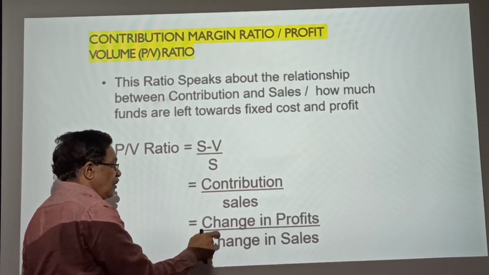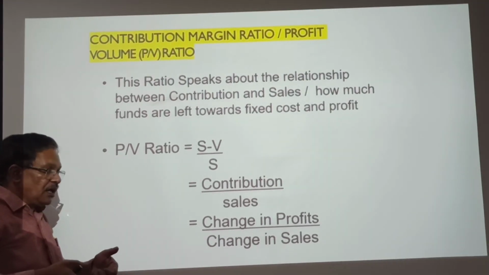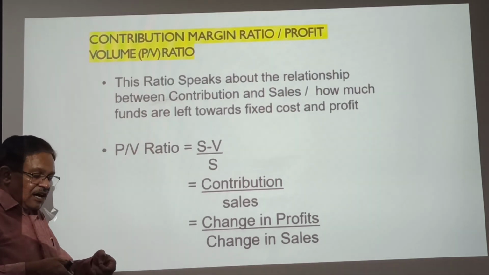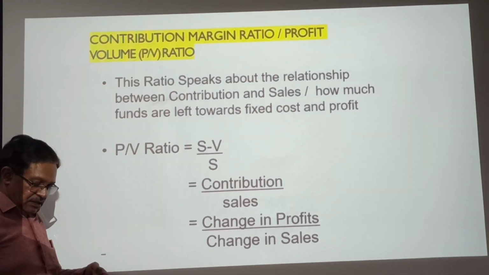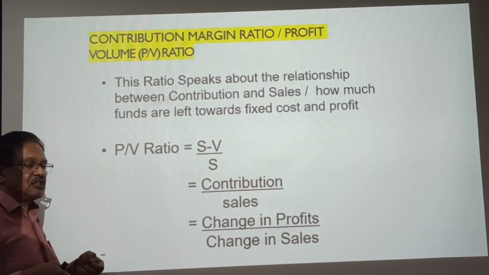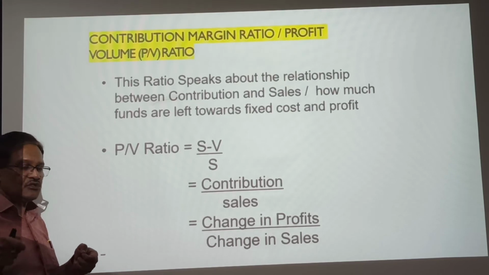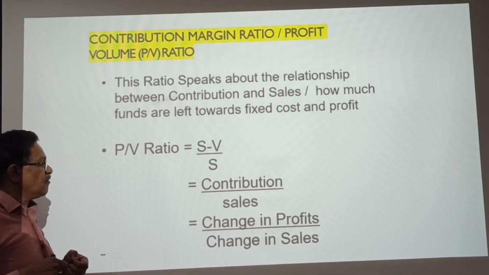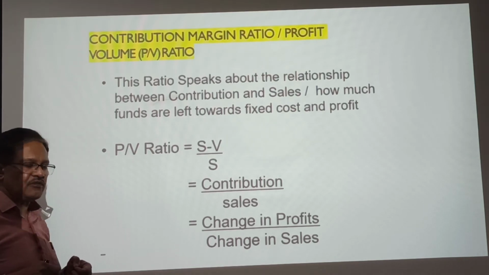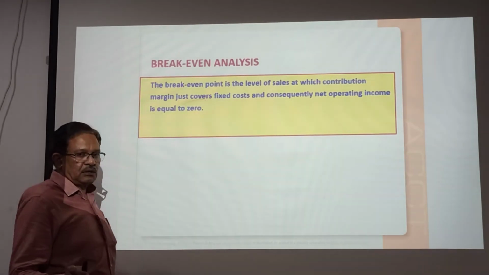So contribution by sales gives me proper information about what I'm left with by producing something. This PV ratio, or C by S ratio, can also be found out using a formula which is nothing but change in profits divided by change in sales.